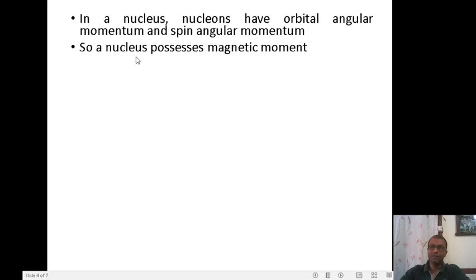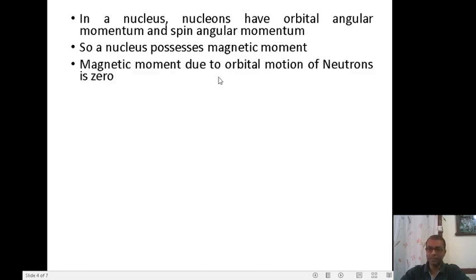So when we have a nucleus comprising nucleons, in total the nucleus will possess a certain magnetic moment. Now the magnetic moment due to the orbital motion of neutrons is zero because overall the neutron is neutral.